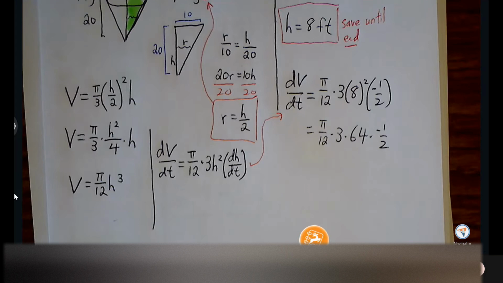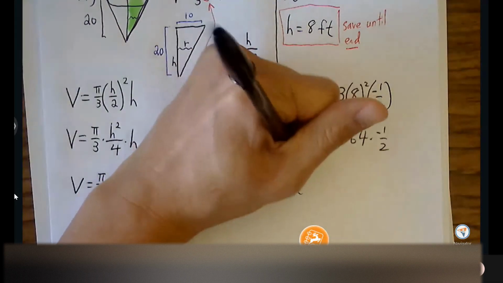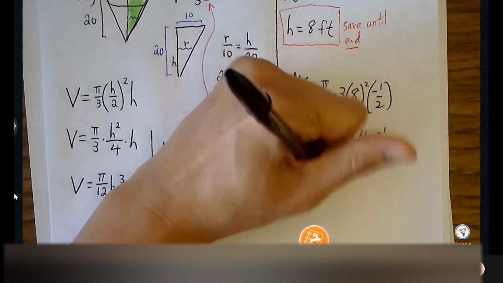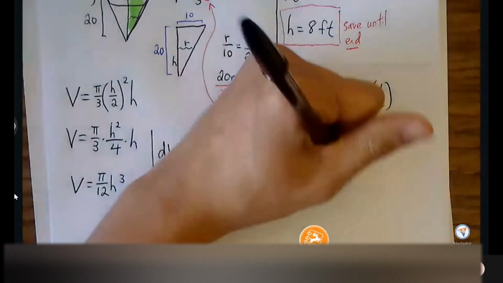Okay, cleans up to be 1/4 times 64, which is 16. 16 divided by 2 is 8, -8 pi. Units of measure, cubic feet per hour.